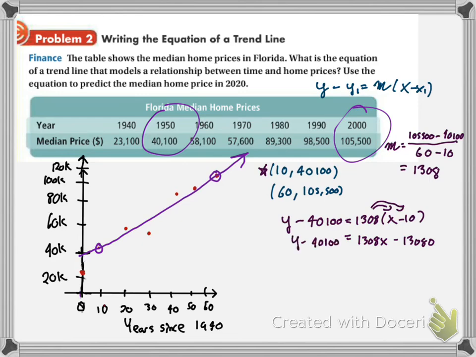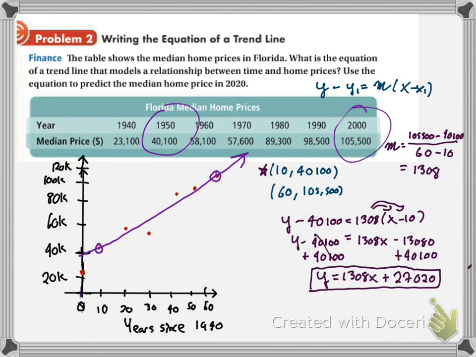Last step, I need to get y by itself, so I'm going to add this over, and I'm left with the equation y equals 1308x plus 27,020.